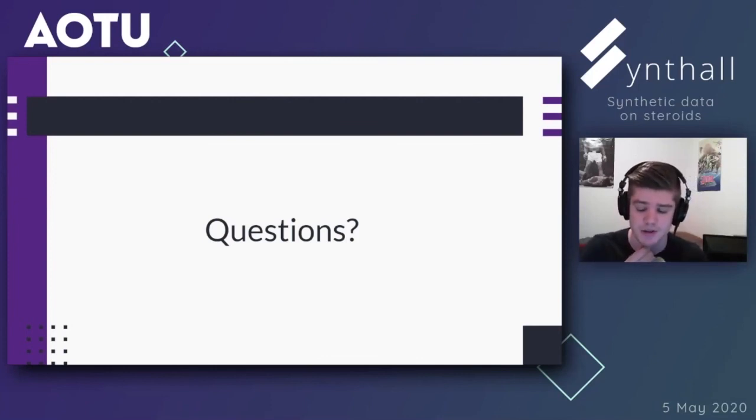Correct. So in this case, Synthall's use case is for creating entirely synthetic images. That's a great question, though. That's certainly something we'd want to consider. But that in and of itself would probably take a machine learning network to understand what your image is first for us to put things in it. So in Synthall's case, we're creating things from scratch without something given to it. Okay. Yeah. Thanks.